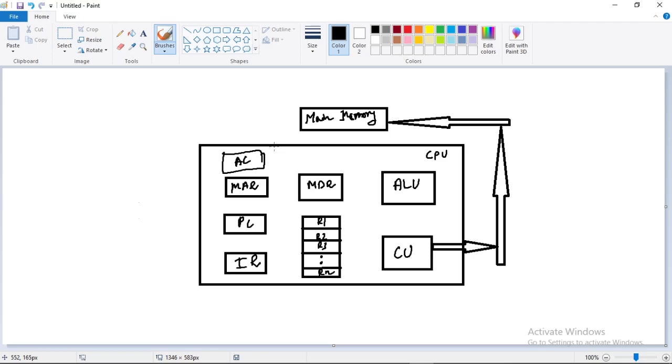Now after MDR I am coming to the program counter. I already discussed the program counter. Program counter is a register, and it is basically categorized as a special purpose register.